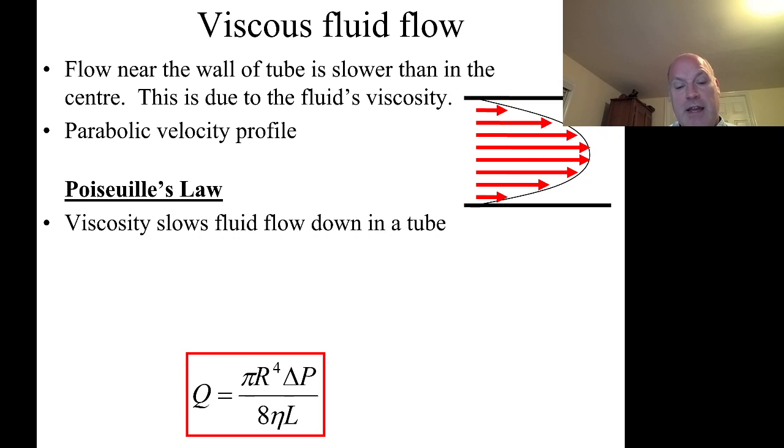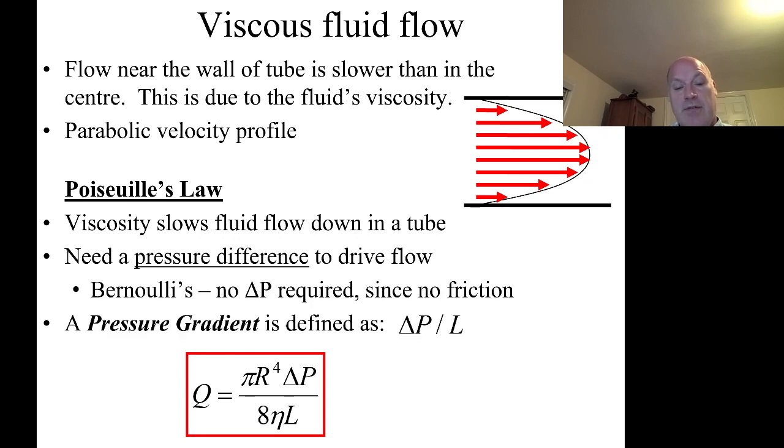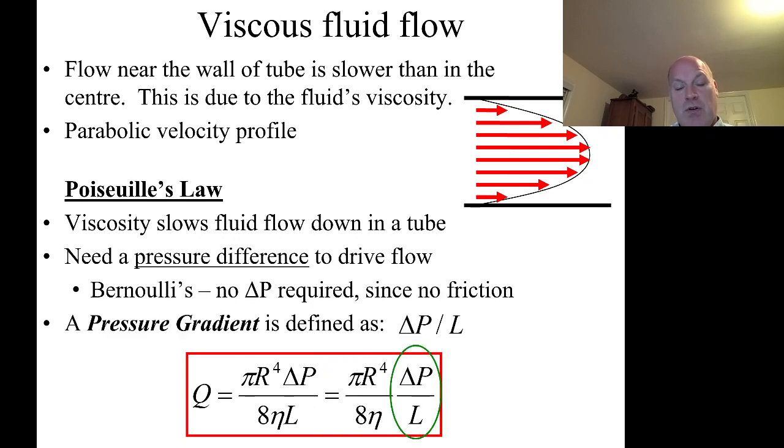L is the length, and eta is the viscosity of the fluid. So I'm going to show you a picture of how you use it. But before I do, I want to point out that often people will describe the situation with what's called the pressure gradient, which is a very useful parameter. It's delta P over L, the difference in pressure divided by the length.